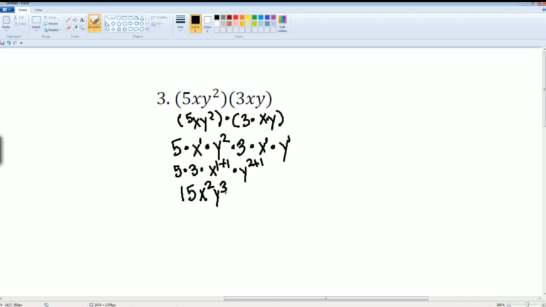There you go. So this one gets you 15 x squared y cubed, because there are two x's in the end, 3 y's at the end, and 5 times 3 is 15.